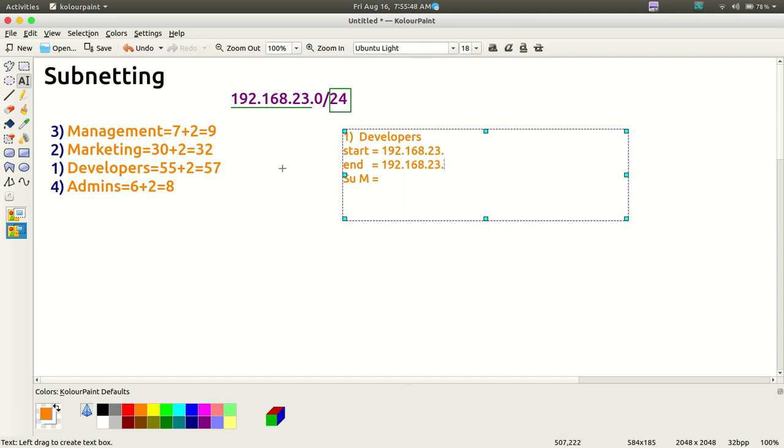So we don't know as of now कि host portion क्या होगा. But one thing we know, the subnet mask is going to be 255.255.255 something. So this is going to be our subnet mask, right? So we are supposed to calculate the start's last octet, end's last octet, and the subnet mask in the last octet. So at least 24 I have written over here, right? Clear? So this is my developers department.